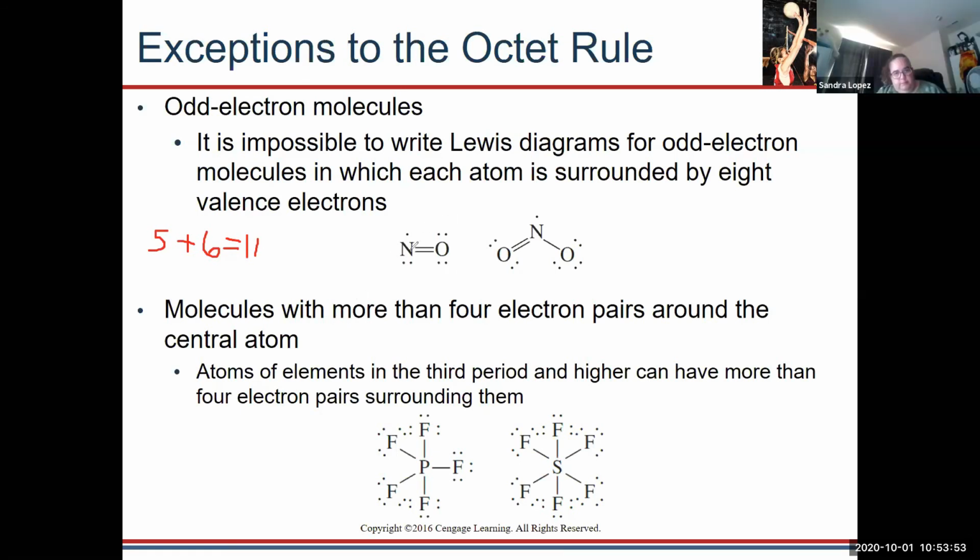How many around oxygen? 8. What about this one here? There's 7 around nitrogen, and then around the oxygen? 8. And this oxygen? 8. Do you guys see that? Yeah.